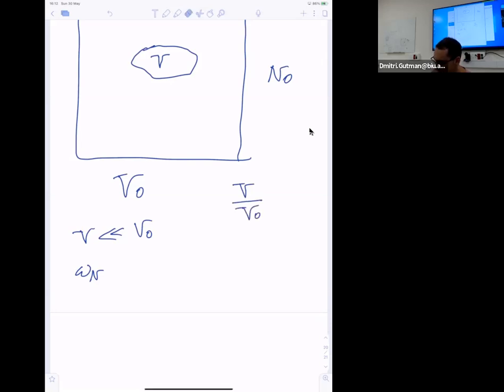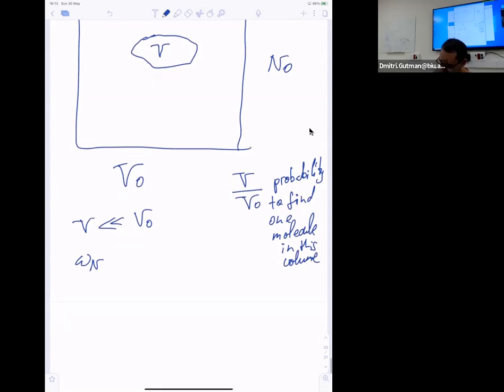So that's the number, which is the probability to find one molecule in this volume. Okay?